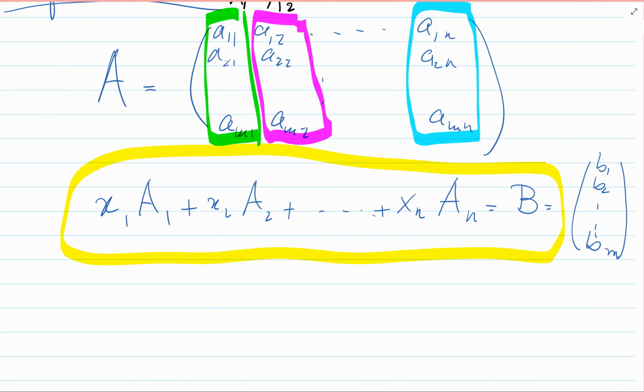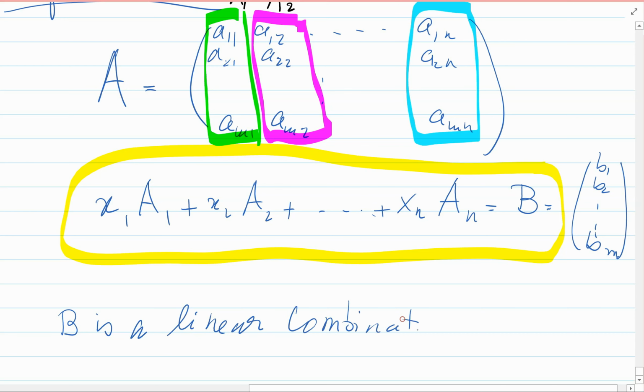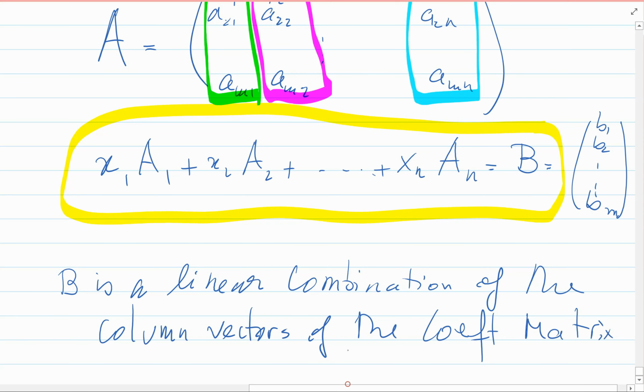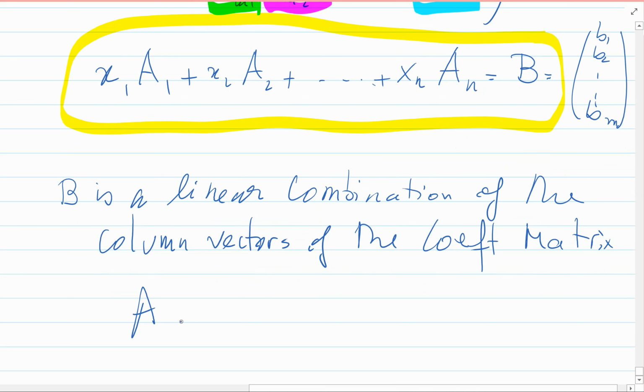We say that B is a linear combination of the column vectors of the coefficient matrix A. The column vectors are A1, A2, An, and B is a linear combination.